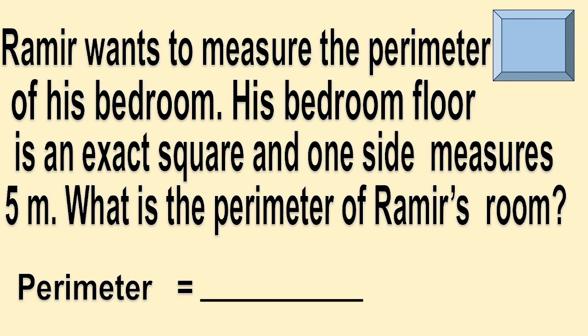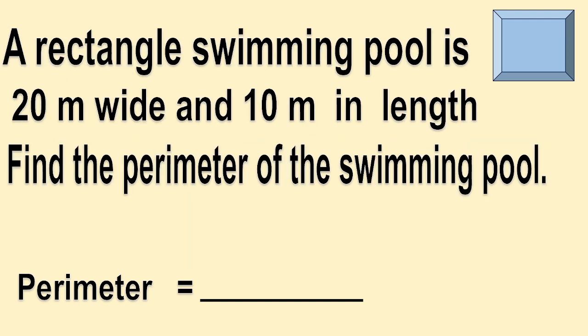Next, Ramir wants to measure the perimeter of his bedroom. His bedroom floor is an exact square and one side measures 5 meters. What is the perimeter of Ramir's room? Time's up. The answer is 20 meters.